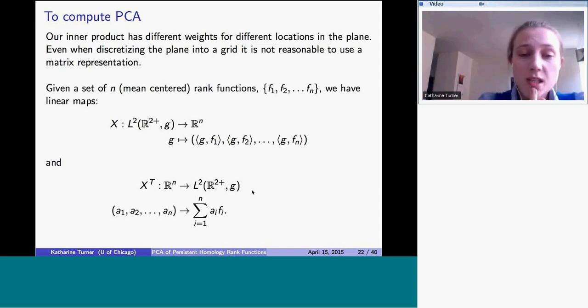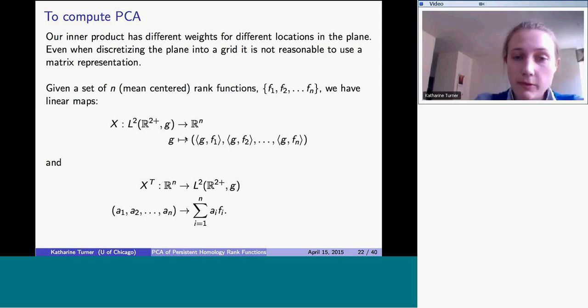To do this is to think about these maps X and X transpose, which we previously thought of just as matrices, in terms of what the linear maps are. So X can be thought of as a map that takes any function to a vector where each coordinate is the inner product with one of the f_i. And X transpose can be thought of as taking linear combinations.